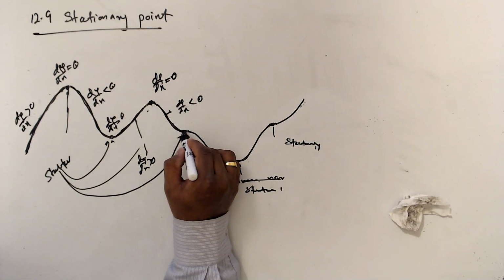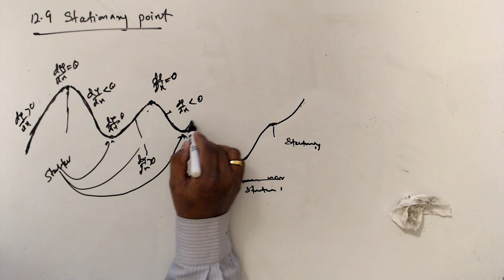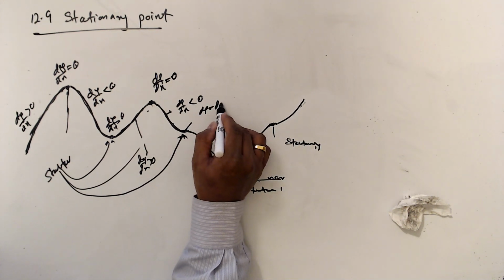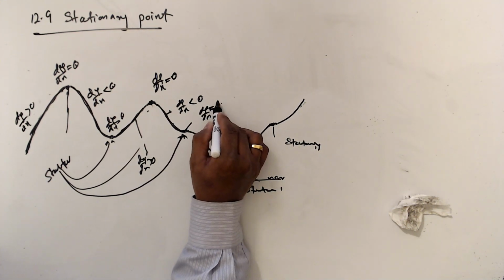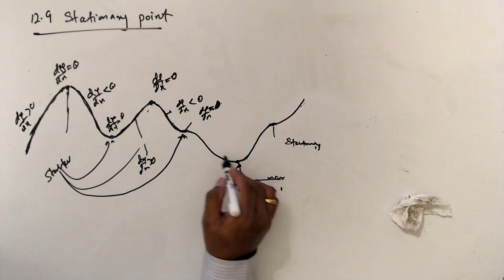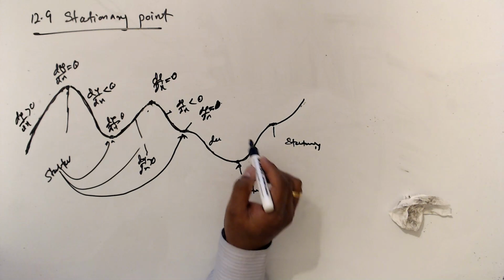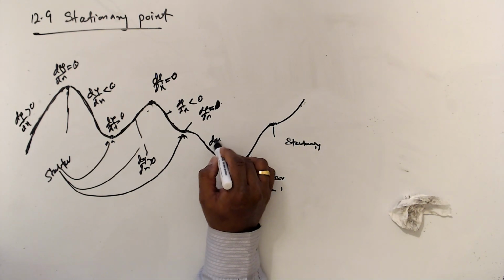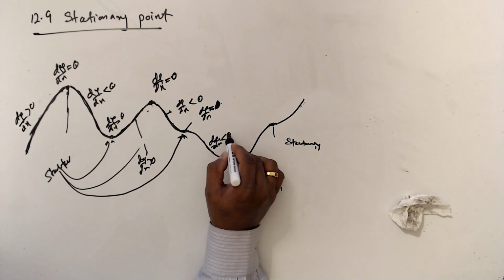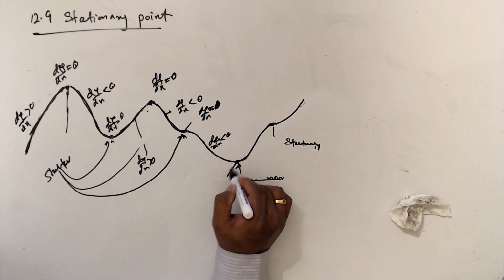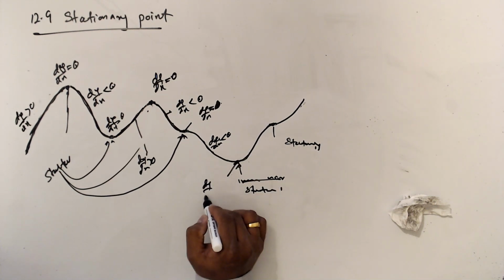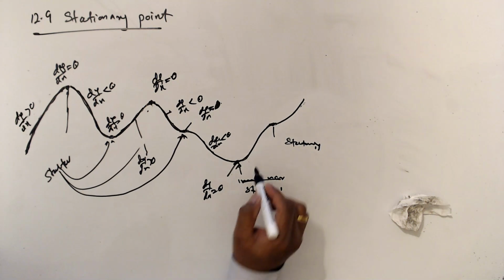This is again dy/dx equal to 0. Again decreasing, so dy/dx is less than 0. And this point, stationary again, dy/dx equal to 0.